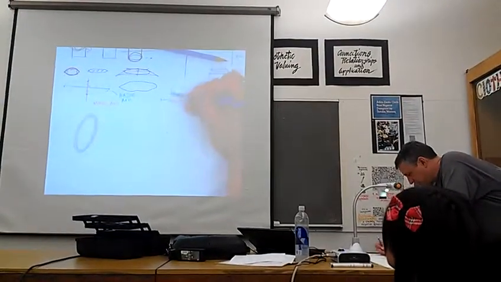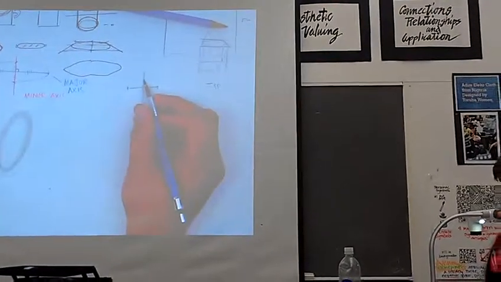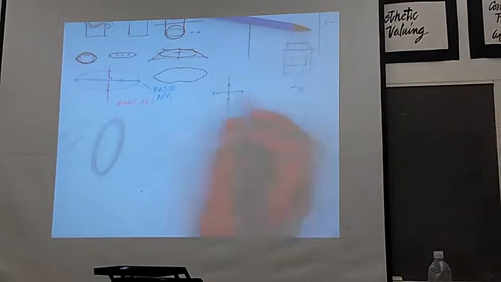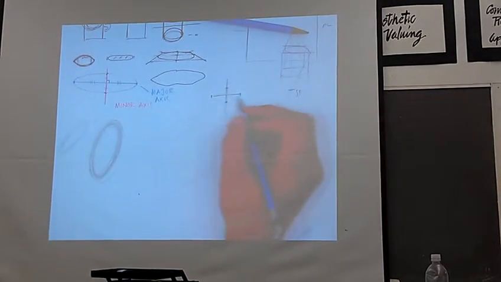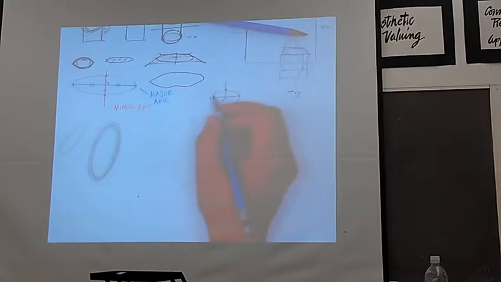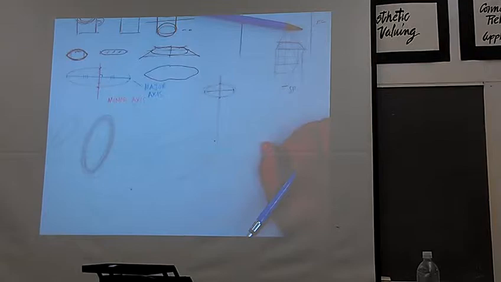Draw a line in between. Measure the height, and you go, oh, okay, it's about that big relative to the length. You can now go like this, and you have the top of your coffee cup and it looks pretty good. You see what I mean?